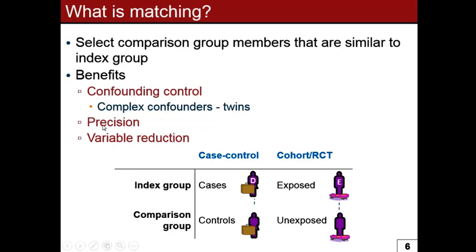And that suggests this other piece, which is variable reduction. I could explicitly measure a whole bunch of confounders and put them in the model, but that means I have to go and measure 50 things, 100 things. Or I might just say, no, I'm going to match based on neighborhood. That's going to control for all that's going on in that neighborhood. It's a single entity, and I don't have to explicitly measure a whole lot of stuff. So these are all intertwined reasons why you might want to match.